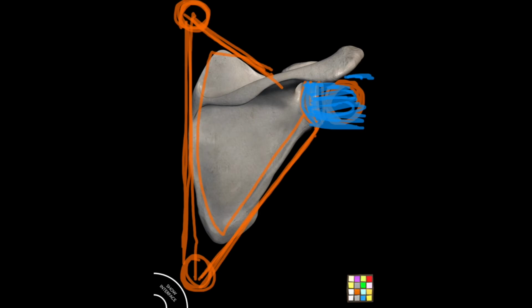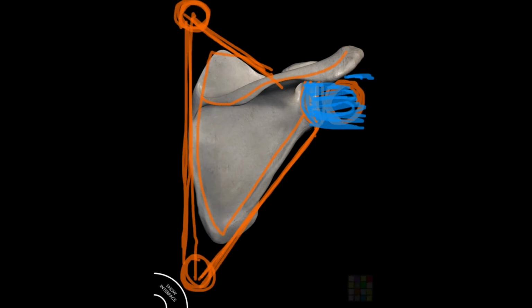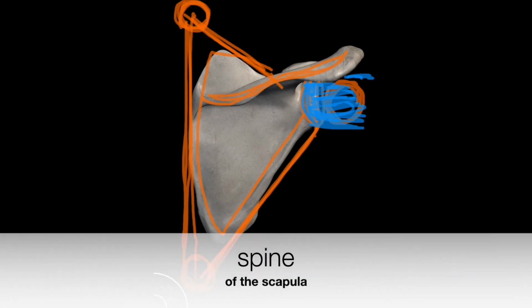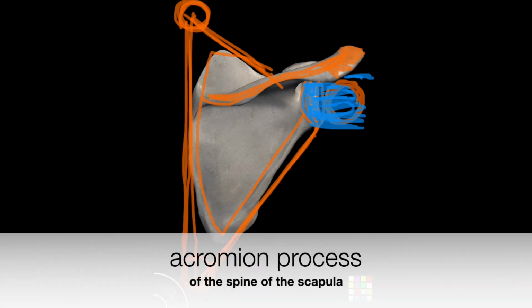The dorsal surface of the body of the scapula is divided into two unequal parts by this very prominent spine of the scapula. The spine is a shelf-like projection that extends out posteriorly and somewhat superiorly from the dorsal surface, and then extends laterally, becomes quite thickened here, and then curves anteriorly as the acromion process.